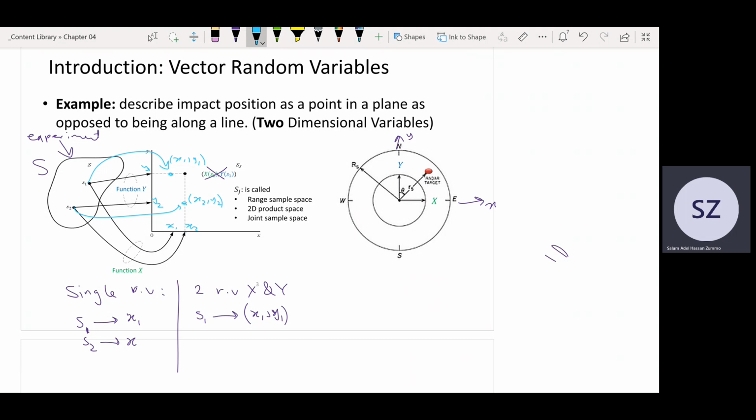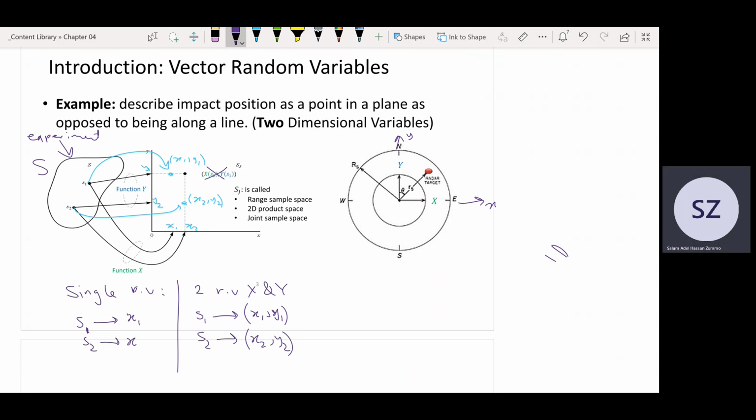So now, what is the outcome of the mapping? The sample space is not mapped into the real line anymore. The domain is the sample space, and the range in the single random variable case was the real line. It could be a part of the real line, the whole real line, or only the set of integers if it is discrete.